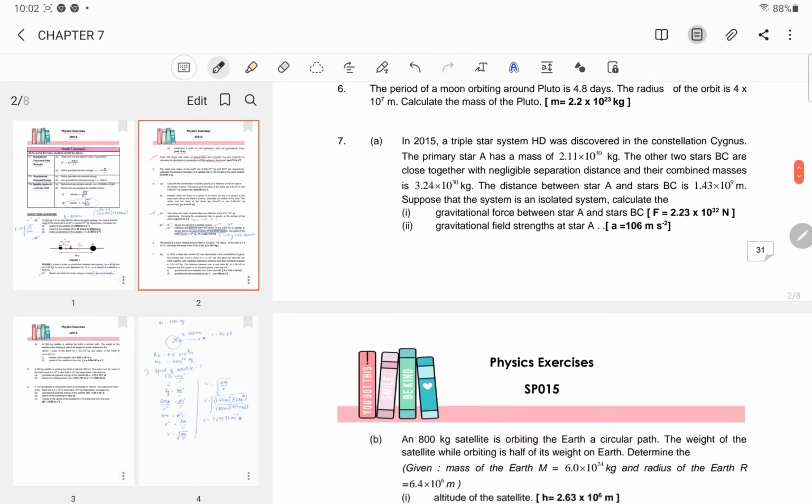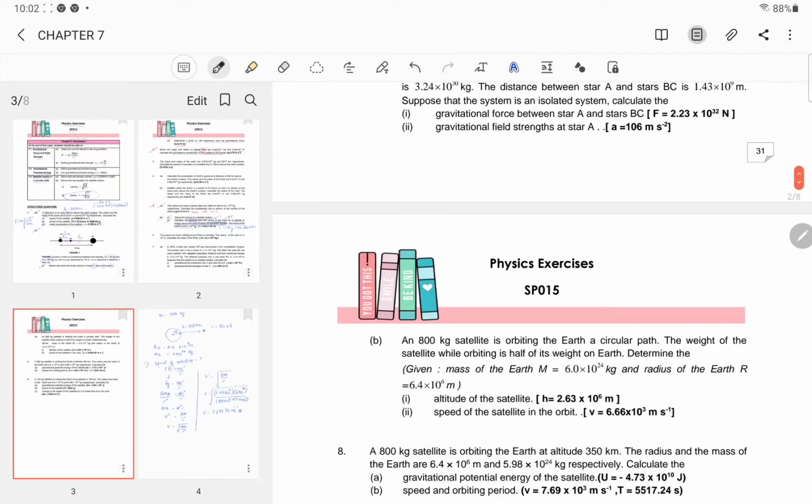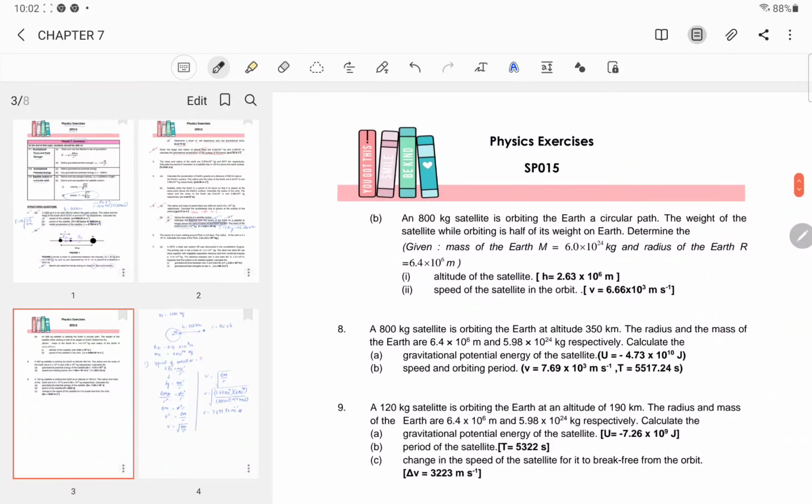Okay, next we look at number 8. A 800 kilogram satellite is orbiting the Earth at an altitude of 350 kilometers. The radius and the mass of Earth are given. Calculate the gravitational potential energy, the speed and the orbiting period.